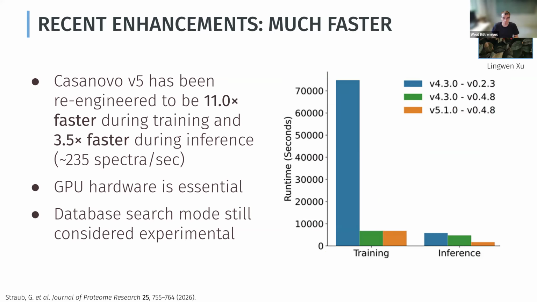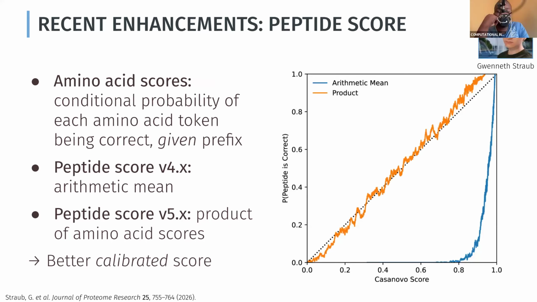Another benefit of our latest version 5 has... Professor, on the previous slide, it looks like when you look at the vertical axis from this slide and the previous slide, there has been a change in the values on the vertical axis. Actually, yes, I'm seeing the product and the arithmetic mean.